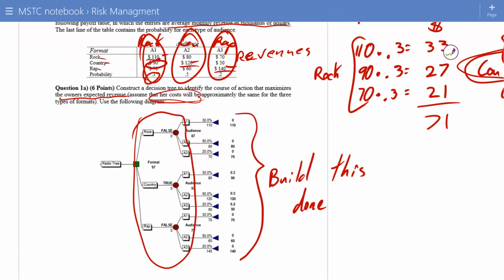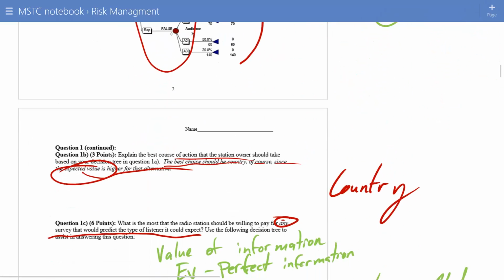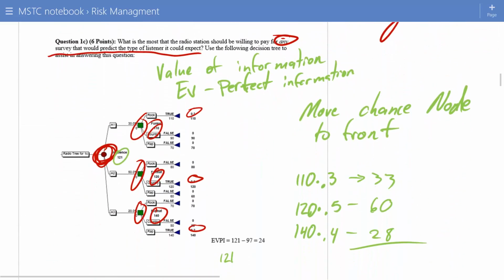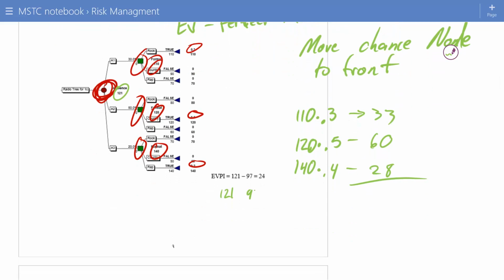When you do the decision tree the first time, you get your expected value of 97. Then, when you switch the node, that is perfect information. When you get perfect information, you move the chance node to the front. So you're willing to pay $24,000.